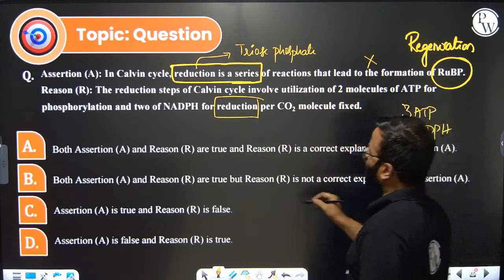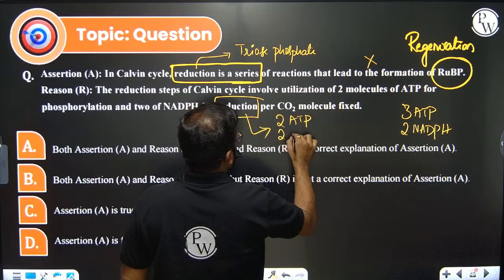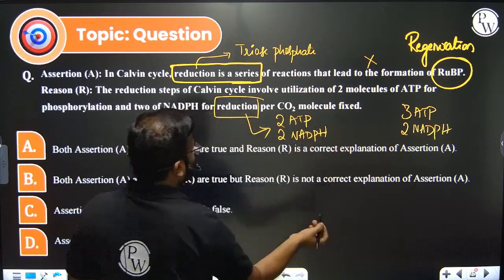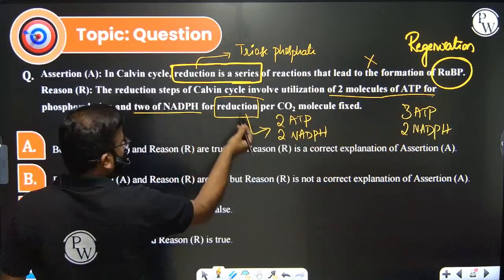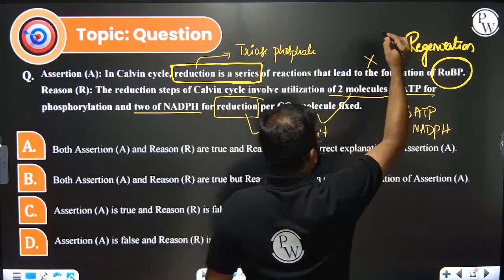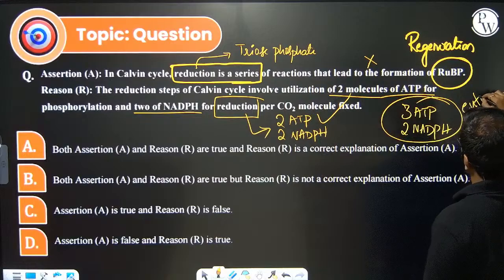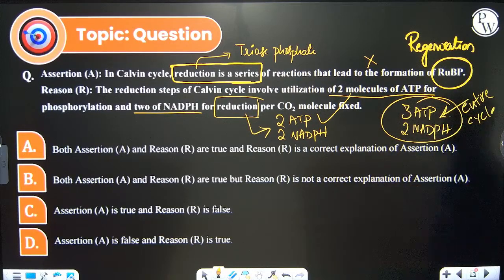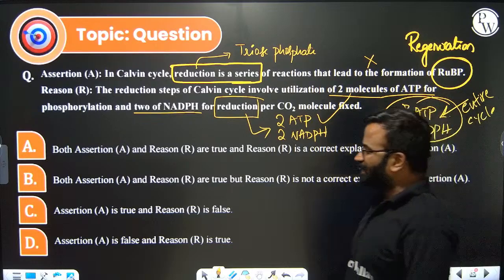Since he is asking only for reduction, the answer will be 2 ATP and 2 NADPH, which is absolutely true. If you ask for the entire cycle, this would be your answer. So I would say A is false, R is true. So I'll pick up D.